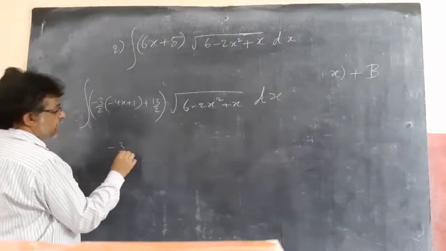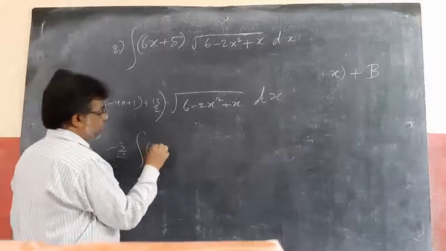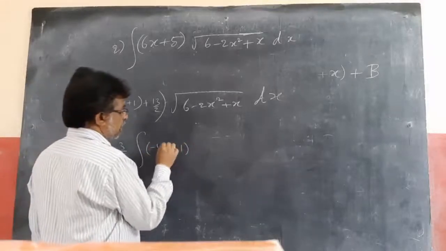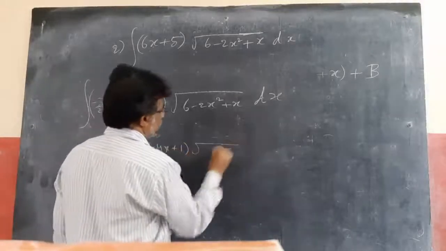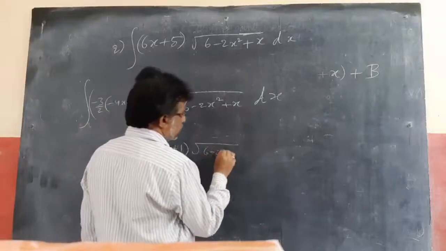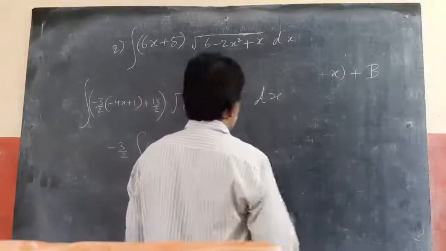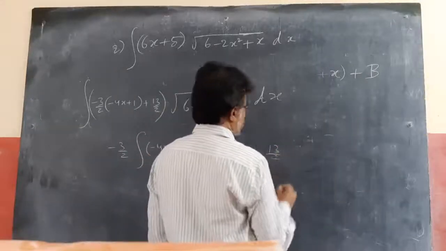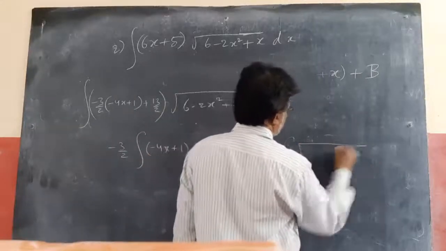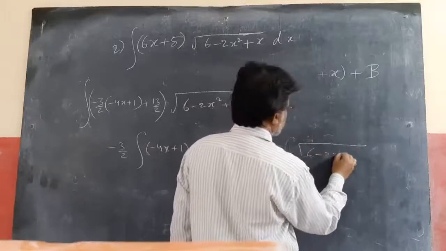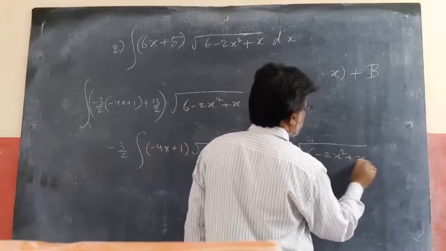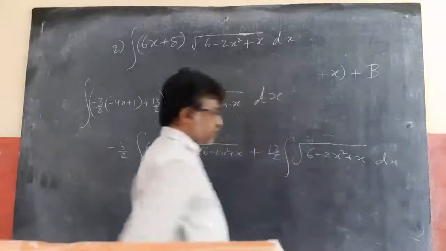It becomes minus 3 by 2 into integral of minus 4x plus 1 into square root of 6 minus 2x square plus x, plus 13 by 2 into integral of square root of 6 minus 2x square plus x dx.